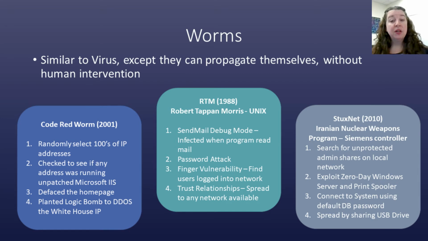One example of worms is the Code Red Worm from 2001. The idea of the Code Red Worm was to select hundreds of IP addresses at a time, check all 100 of those, and see who was running the unpatched version of Microsoft IIS, which was the web service run by Microsoft. If it did, it would deface the homepage. So you think that's the attack.